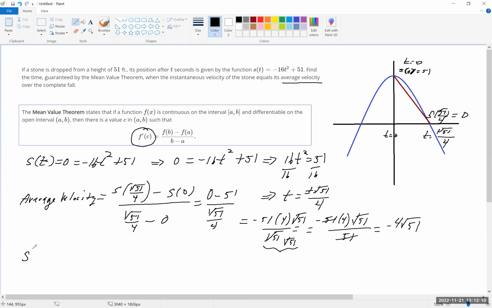So then the derivative of s is minus 32t, and it states that there's a point where the average velocity, which is what that is, the slope of the secant line, where those are going to be equal.